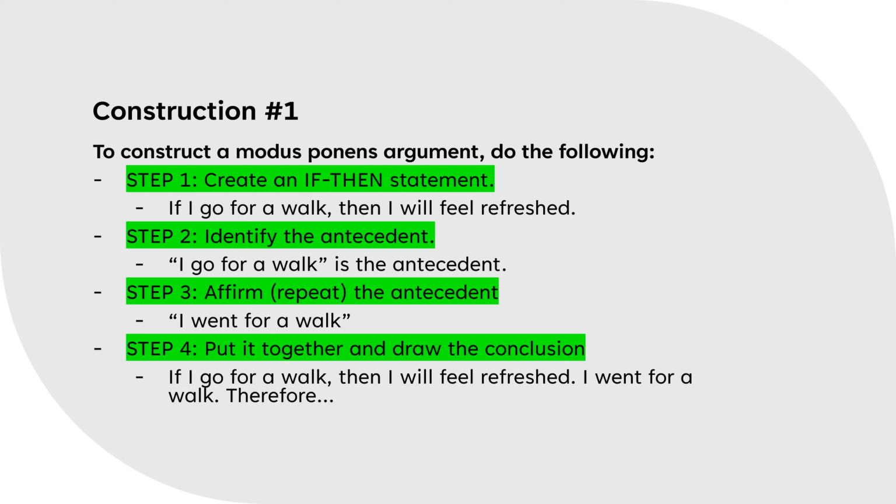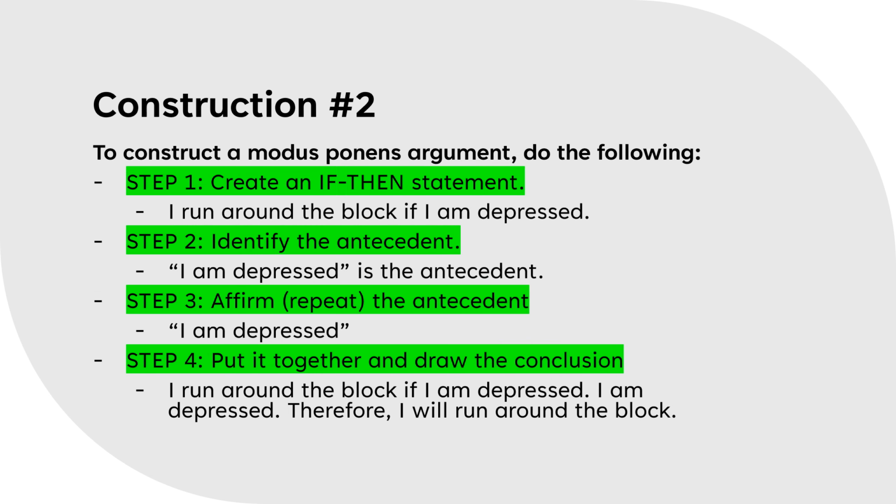I went for a walk, therefore I feel refreshed. Again, we create an if-then, we identify the antecedent, and then we affirm the antecedent. Affirming the antecedent, that's modus ponens.